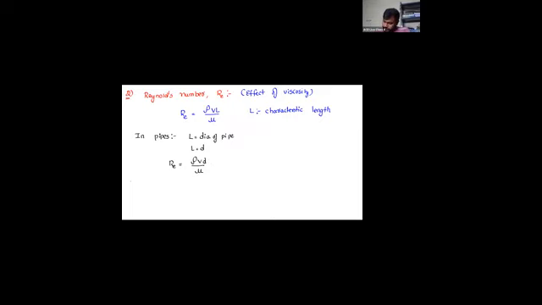But my dear, in open channel flow, L is equal to R. So now what is Re? Rho V R by mu. See, in the case of pipe flow, we have to take L as the diameter of the pipe. And in the case of open channel flow, L is equal to R.